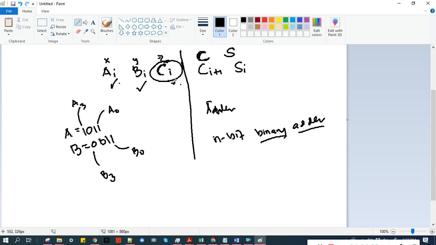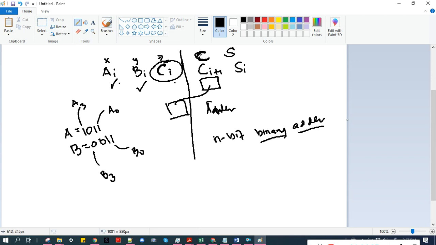since the output here actually is the input to the next stage of the adder. So this is the output.